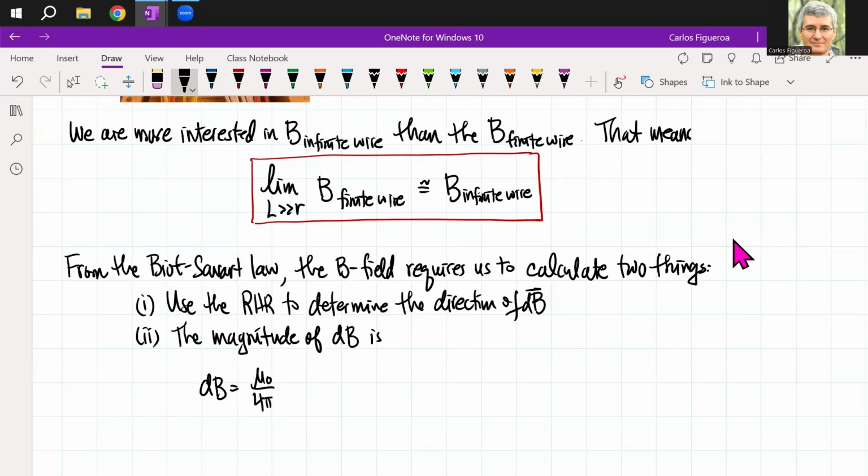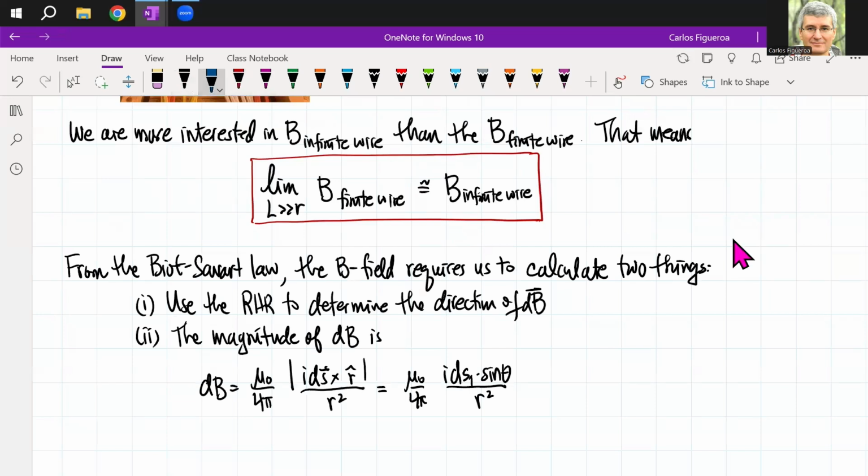So I take the magnitude of this guy here. And when I do that, the magnitude of a cross product gives us a sine factor. So I have mu naught over 4 pi, I ds1 times sine of theta divided by r squared.